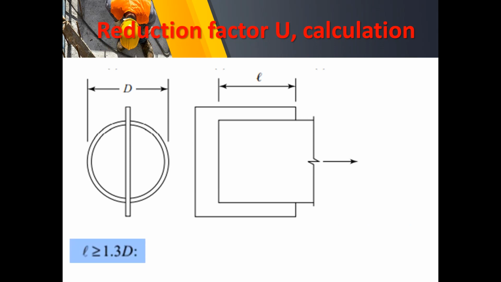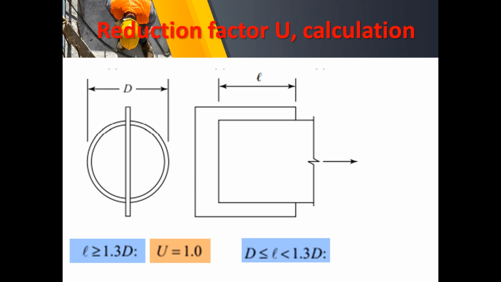If L is greater than or equal to 130% of your outer diameter, then we can just conclude that U is equal to 1.0.